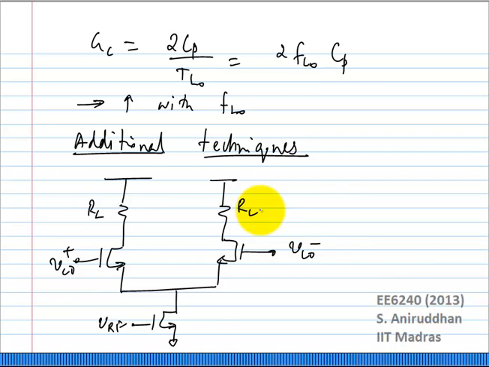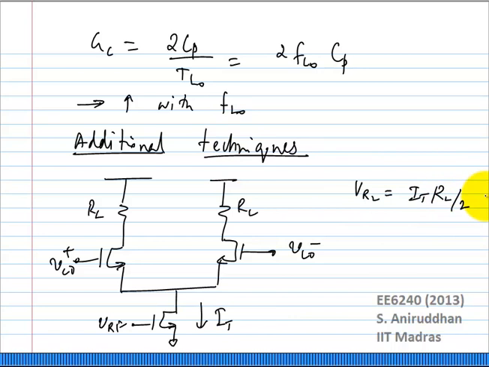So what do you want here? I want some IT. Okay, so IT by 2 flows through each of RL. So the drop across RL is IT RL by 2. Correct.